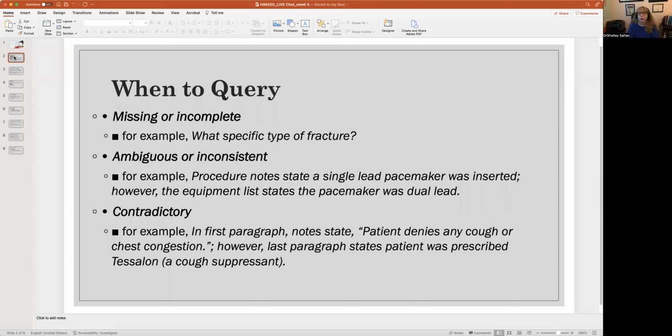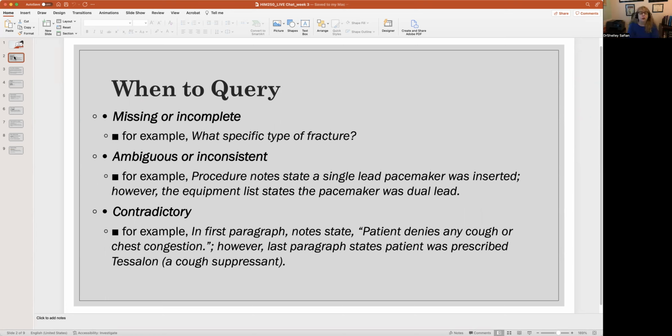This week we're going to talk about documentation, and what you need to know as a coder with regard to documentation is that asking questions does not make you look stupid. The exact opposite. The fact is, the law requires you to query the physician, and that's the fancy schmancy word for ask.